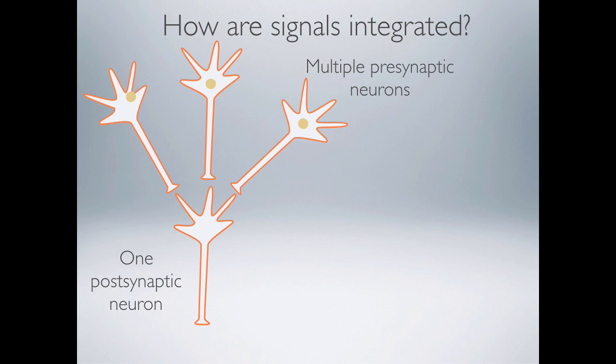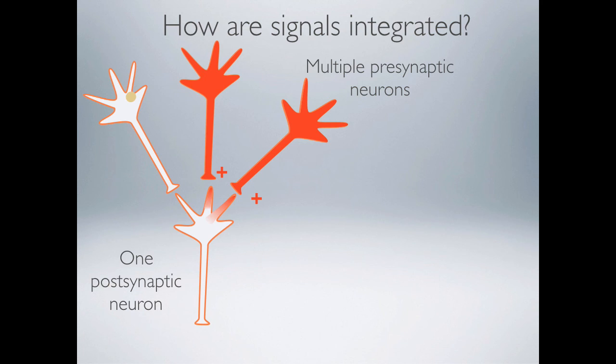So here we have one postsynaptic neuron that's receiving signals from multiple, 3 in this case, presynaptic neurons. And we have an excitatory synapse in the case of that cell, and then that one as well. And we might simultaneously have an inhibitory synapse that's going to weigh in on whether or not an action potential is generated or the signal is propagated in the postsynaptic cell.